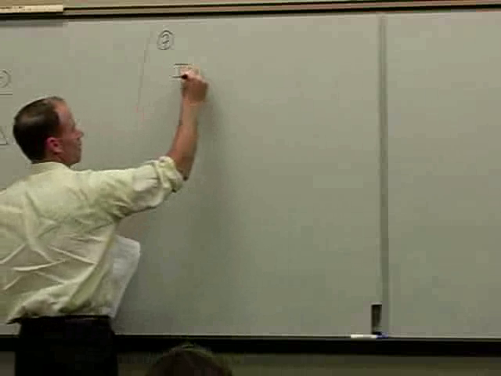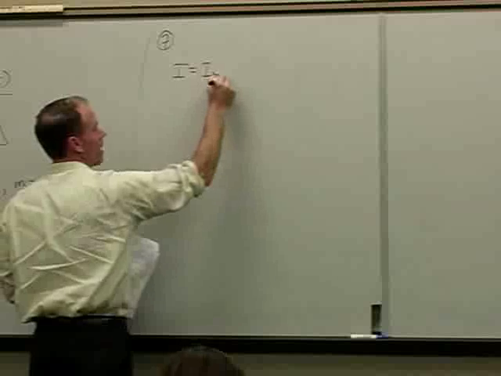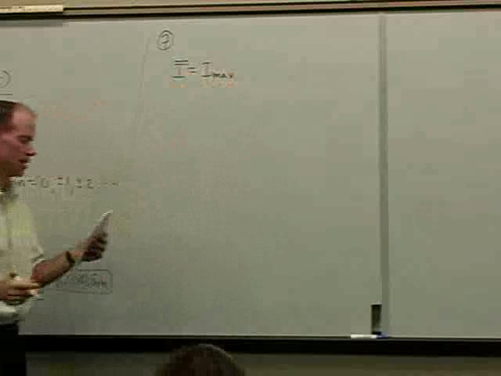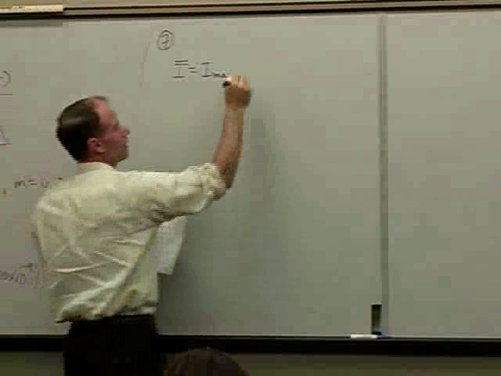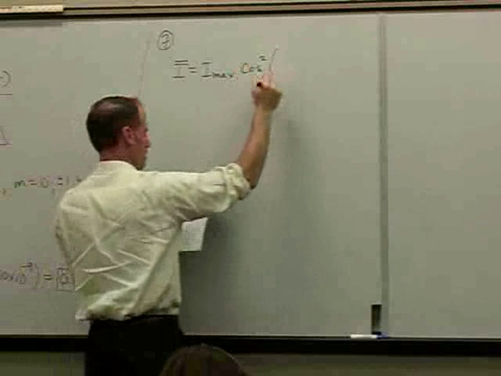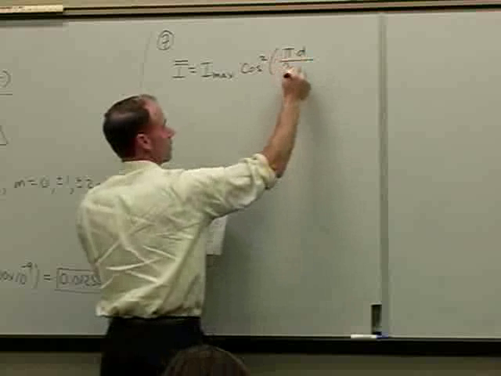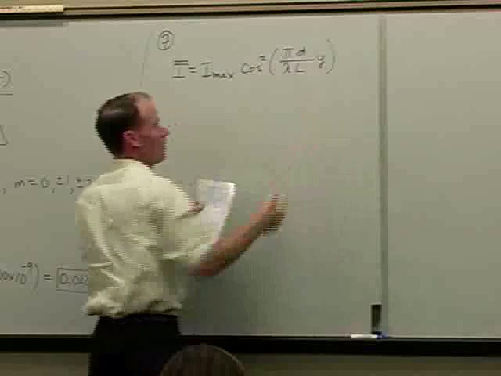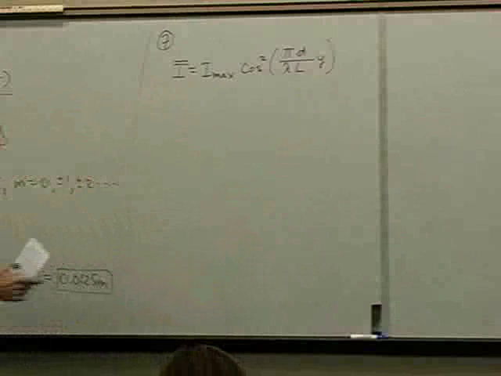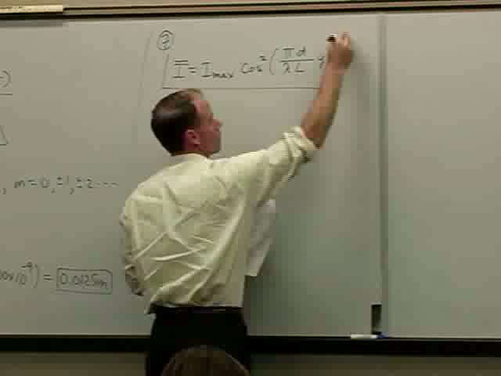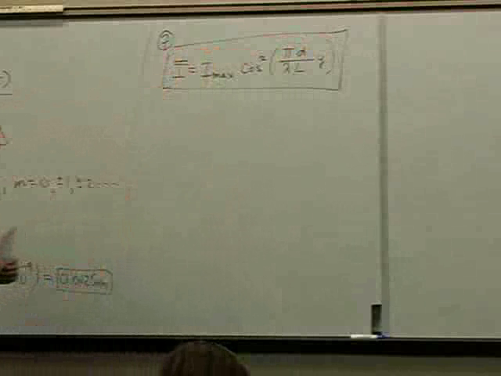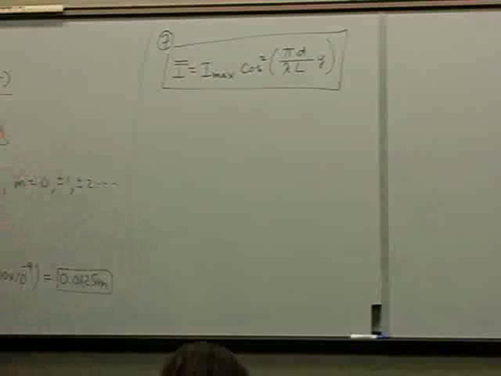Well, there was a formula that we derived for the average intensity. It's equal to I max cosine squared of pi d over lambda L times y. That gives us the average intensity for the interference pattern given those variables of distance to the screen, slit width, and wavelength.